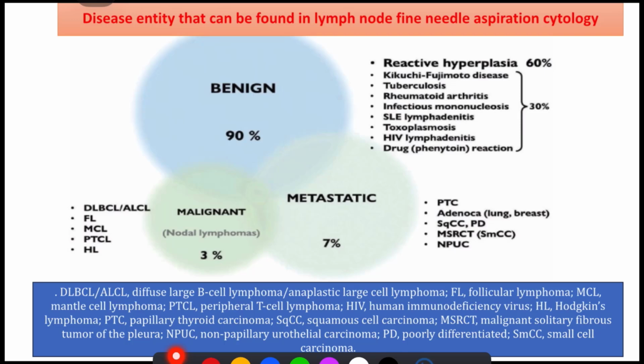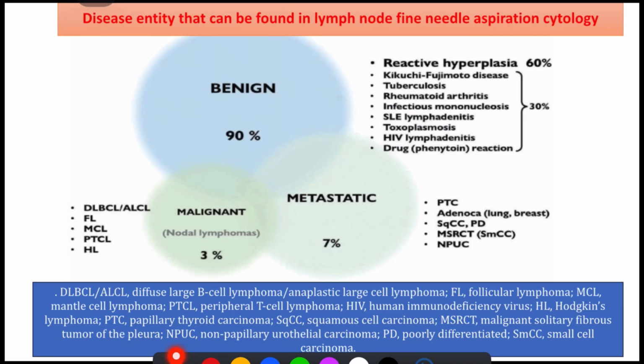Now, as we all know, there are different types of disease, and we can easily diagnose them with the help of lymph node FNAC cytology. If we categorize all these diseases, they are benign, malignant and metastatic. 90% of lymph node lesions are of the benign type.